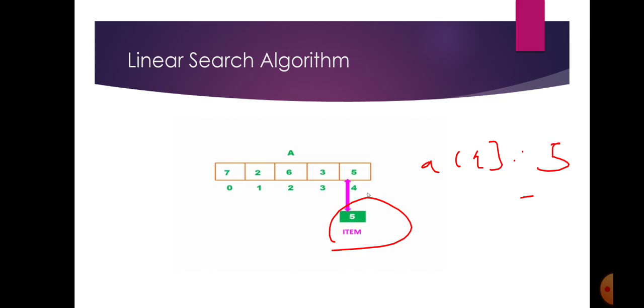If the value doesn't match, move on to the next array element. This is the main point. If no match is found, the algorithm returns the value -1. So this is about the linear search algorithm.